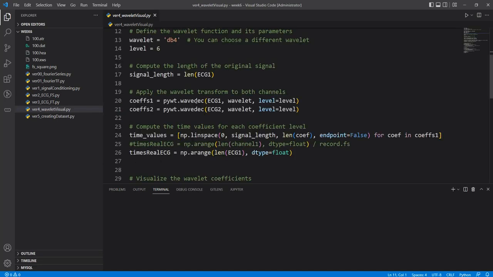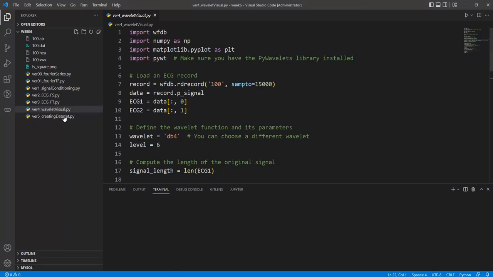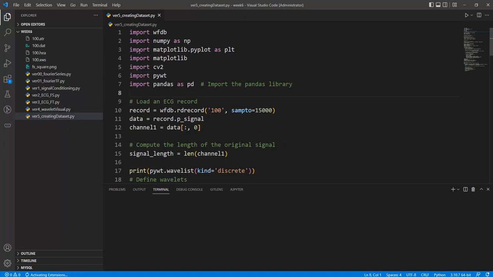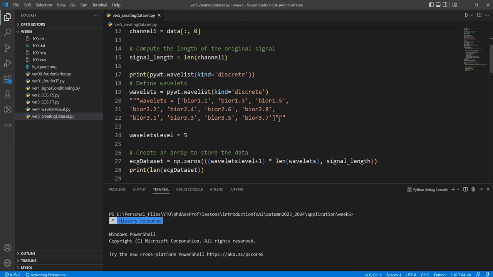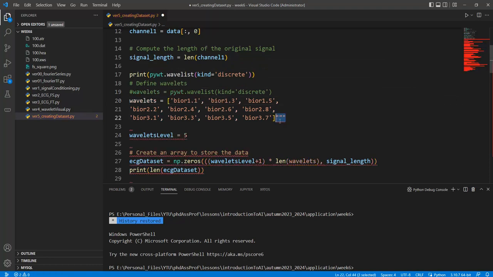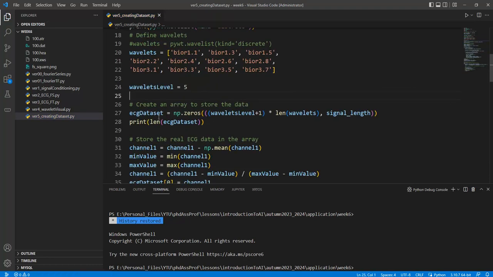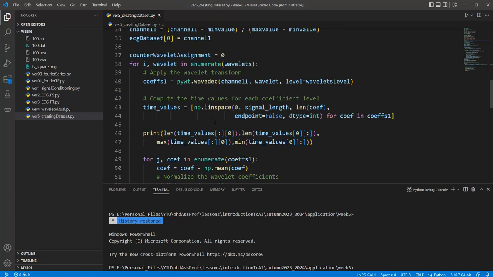I will prepare this lesson also in here, like the CNN layer. We can show different wavelets in here, like Bior 1.1, Bior 1.3, and the other terms, or the whole kind of wavelet list can be utilized in your code. Okay? If you choose this pattern, the ECG dataset can be created in here.